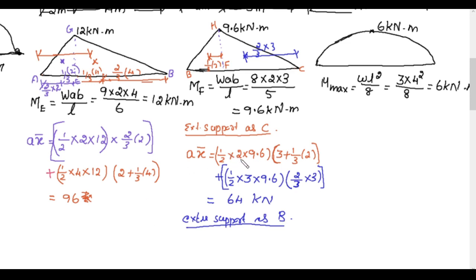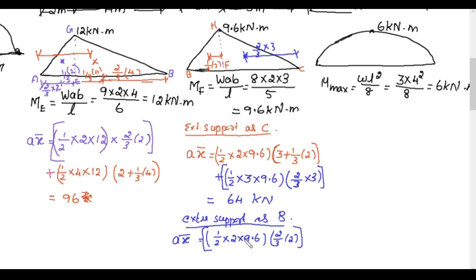So now when we are considering the extreme support as B, our A into x bar will be equal to half into this base into height. The area is the same, multiplied by, when this extreme support is B, the centroid is 2 by 3 of 2.